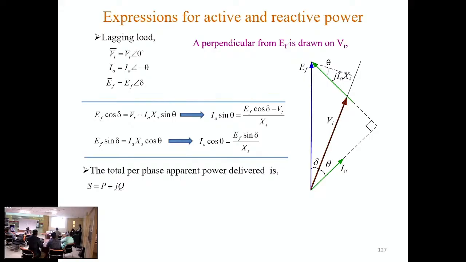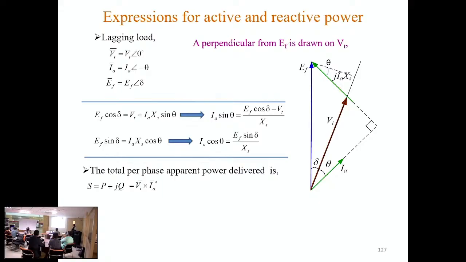S is volt ampere, P is active power, Q is reactive power. Here this volt ampere is calculated by taking Vt into Ia star, where Ia star is the complex conjugate of current. So while calculating this volt ampere, we should take the complex conjugate of current.